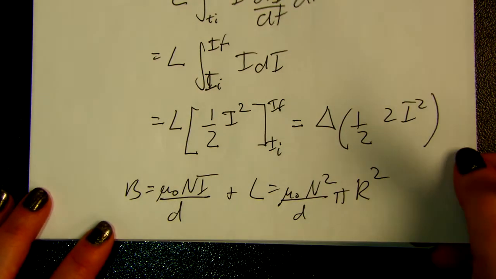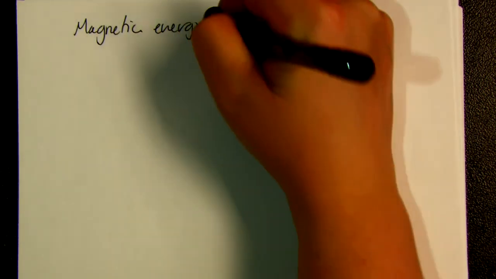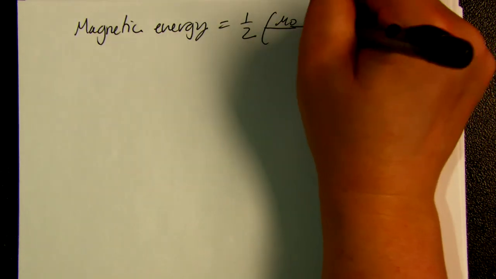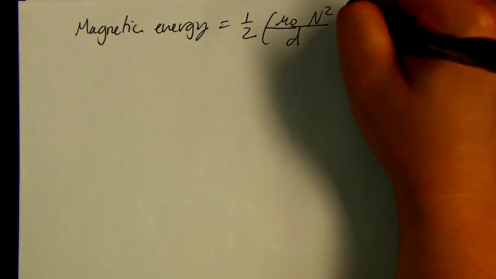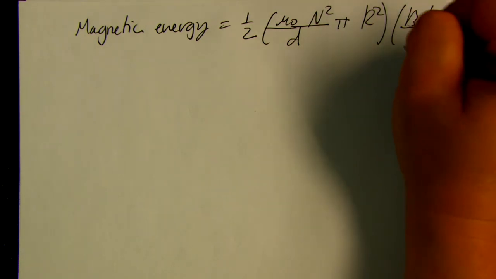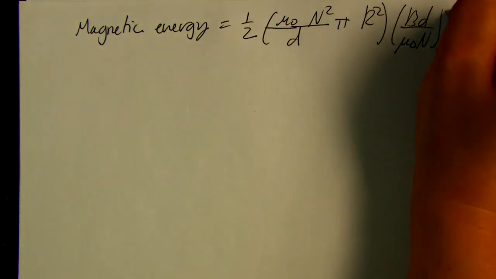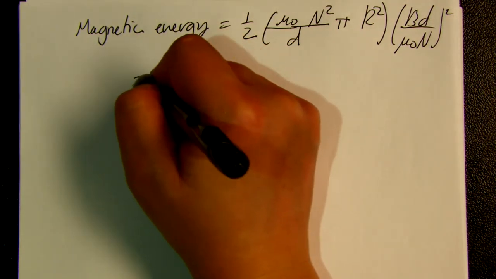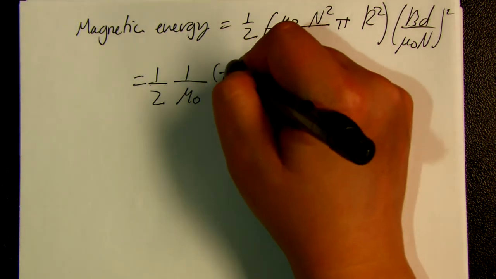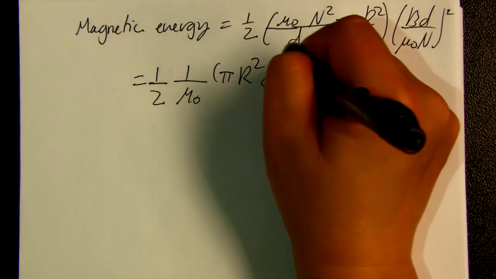And so magnetic energy equals 1/2 mu naught N squared d pi r squared times B d over mu naught N squared, which is equal to 1/2 times 1 over mu naught times pi r squared d B squared.